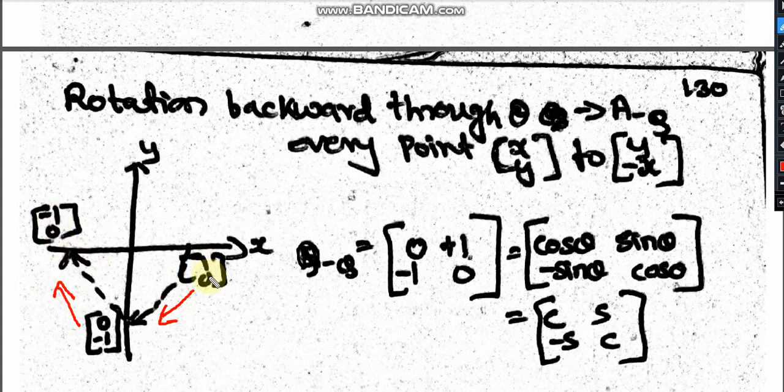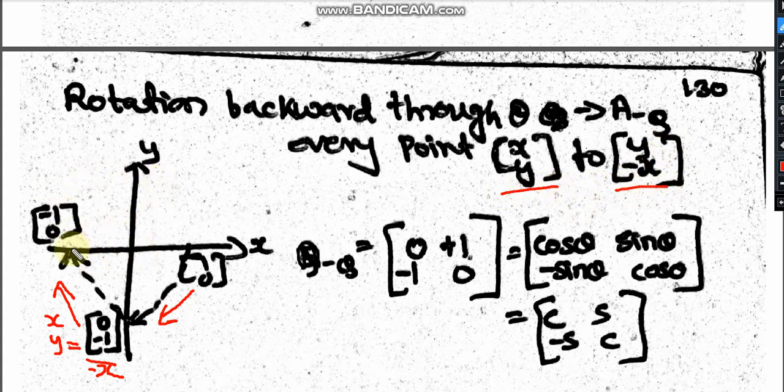You can see x and y values have been interchanged, but the x value is being assigned to minus y. So y is equal to minus x, whereas x here is equal to your y. So the transformation (x, y) goes to (y, minus x).